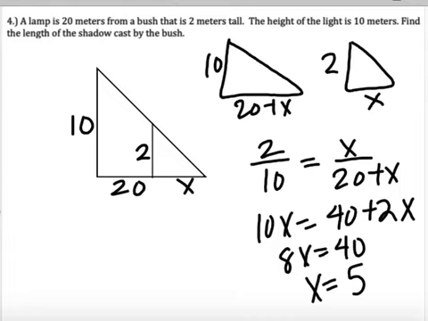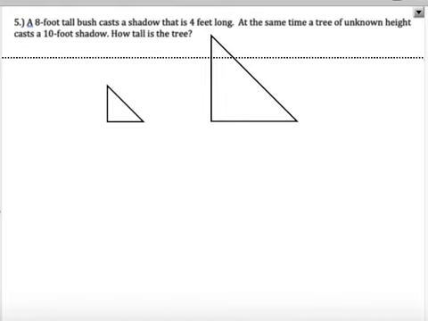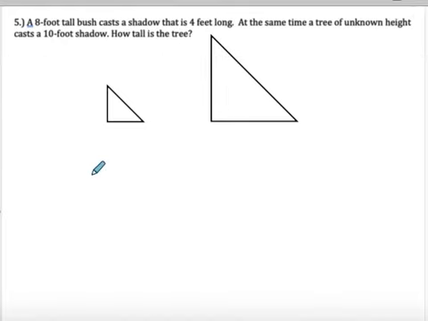All right, and the last example. On this one, it's an 8-foot tall bush casting a shadow. At the same time, a tree of an unknown height is casting the 10-foot shadow. This is a case where we're going to have to draw, they start separate. Okay, this is an example where these would start separate.